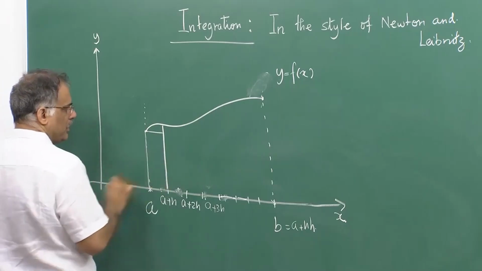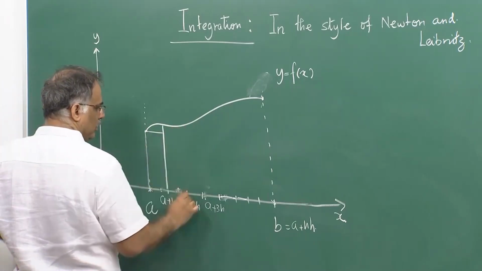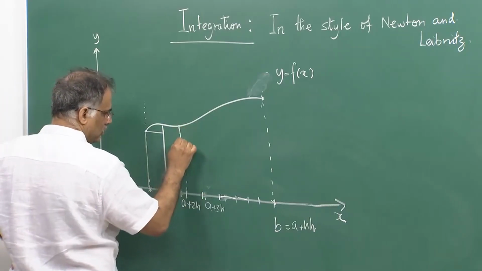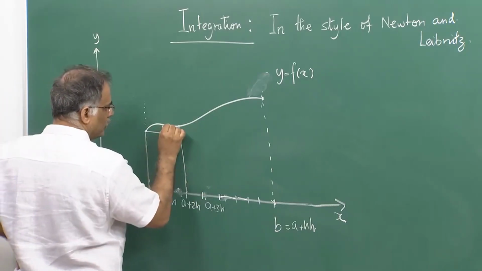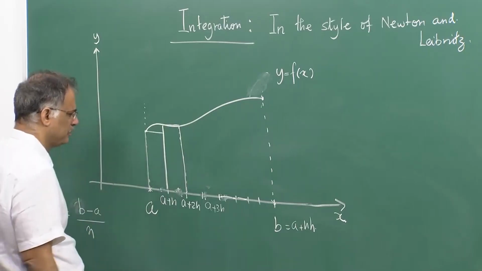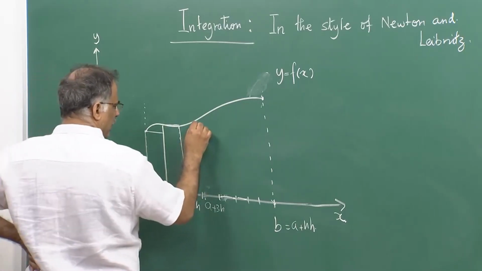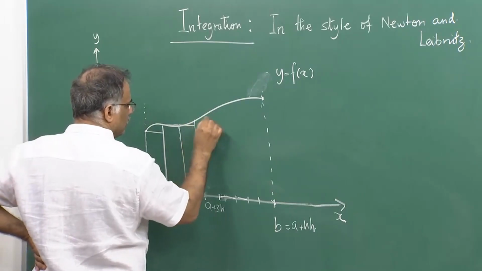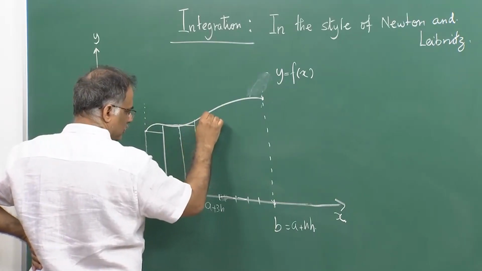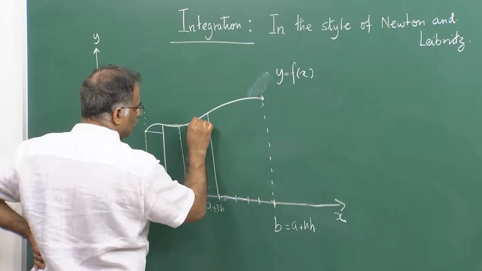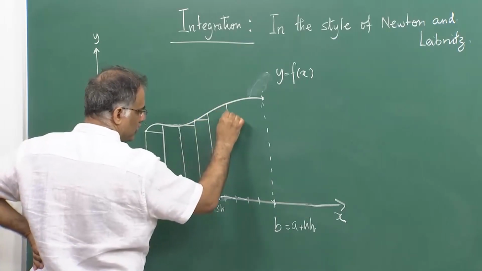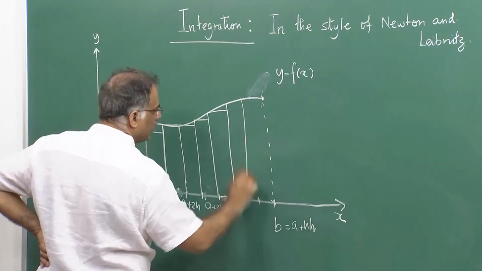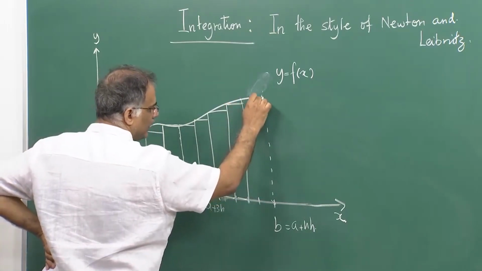So, I construct one rectangle. Similarly, I take this one and construct another rectangle, and go on. I am constructing the rectangles and going on. All the rectangles have the same width.